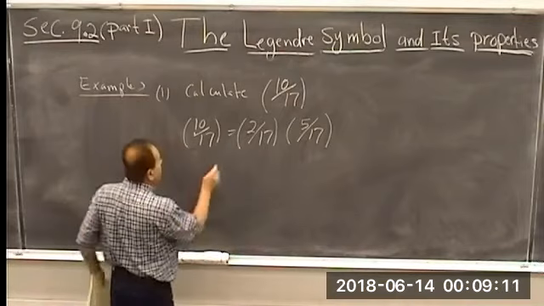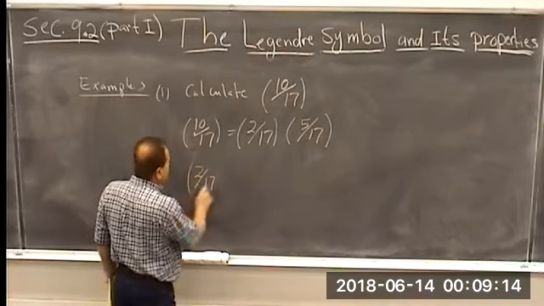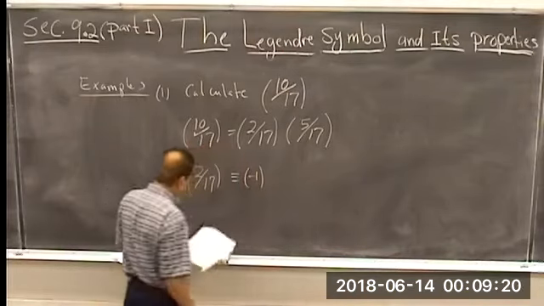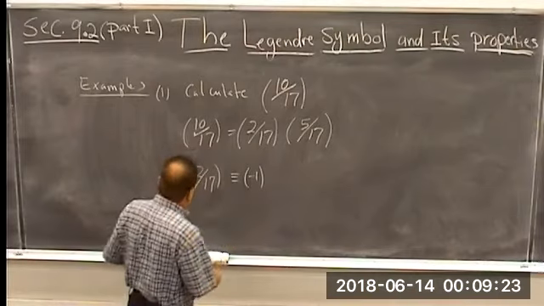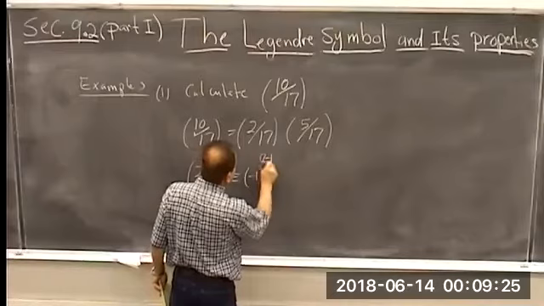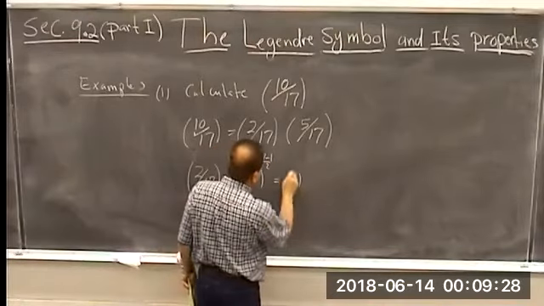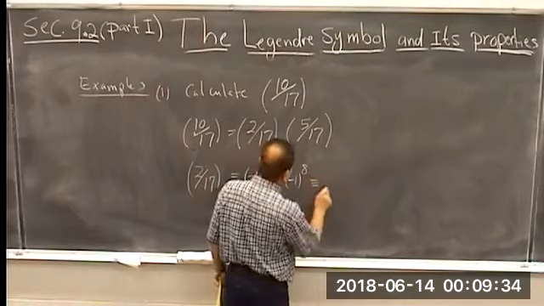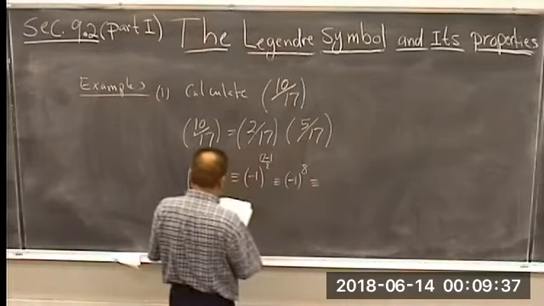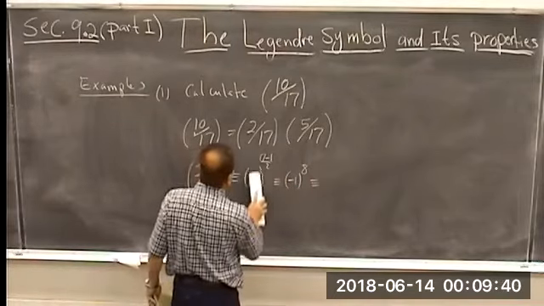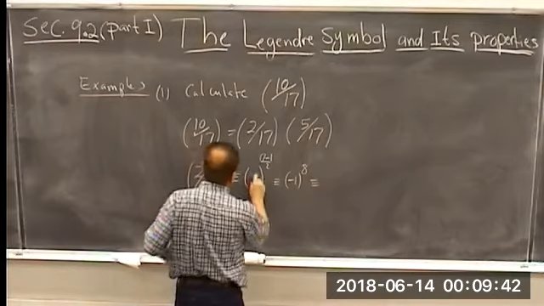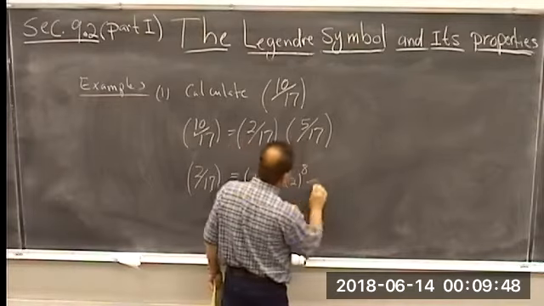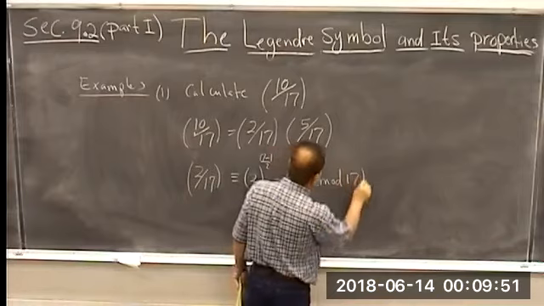For example, 2 over 17 is congruent to 2 to the (17 minus 1) over 2 mod 17, which is 2 to the 8, mod 17.